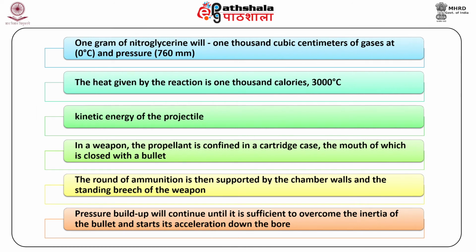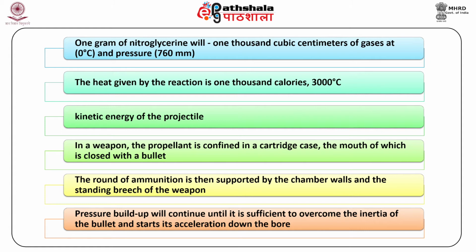1 gram of nitroglycerin will produce 1000 cubic centimeters of gases at normal temperature, that is 0 degrees Celsius, and pressure 760 mm.